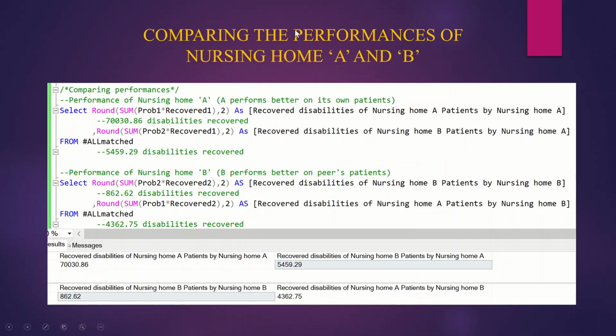And then I compared the performances of nursing home A and B separately using this query. And here we can clearly see the recovered number of disabilities of patients A and B which are treated by nursing home A, and these are the number of recovered disabilities of patients A and B treated by nursing home B. Clearly, we can see that nursing home A is performing better on its own patients and on the peer's patients, but nursing home B is performing better on the peer's patients than its own patients.